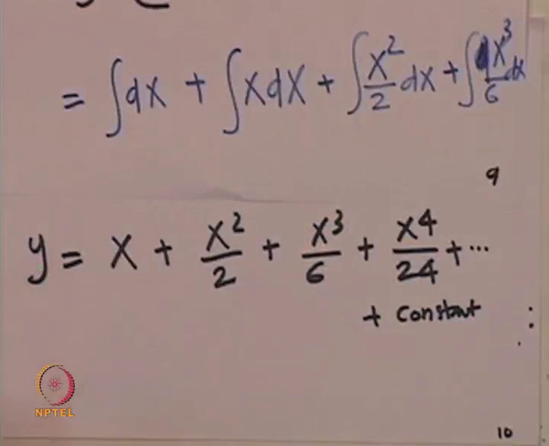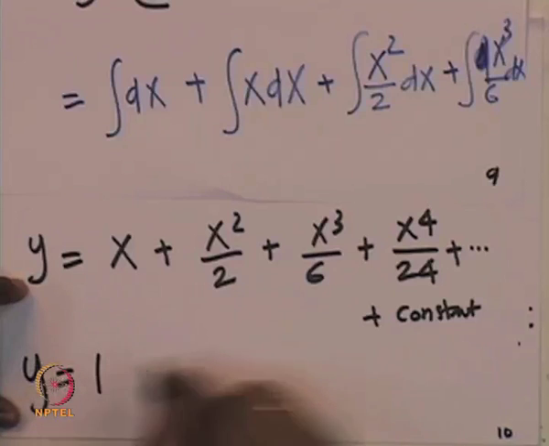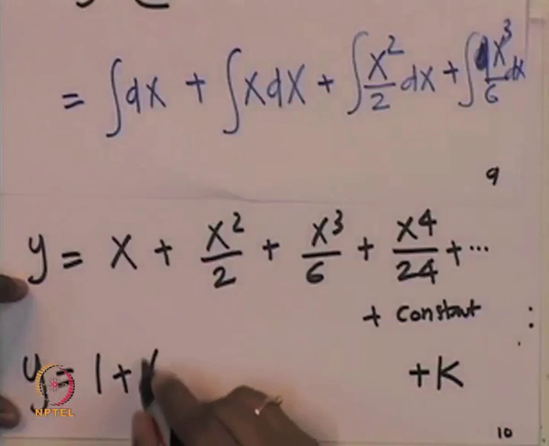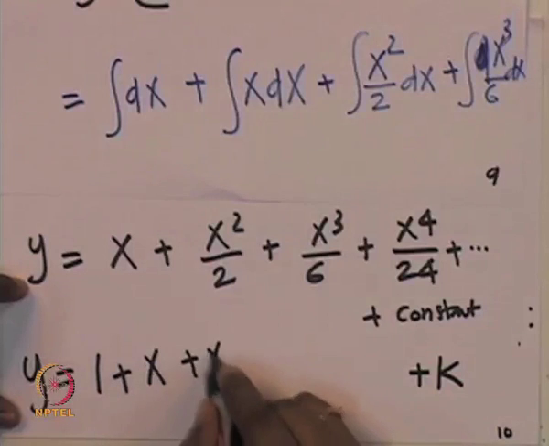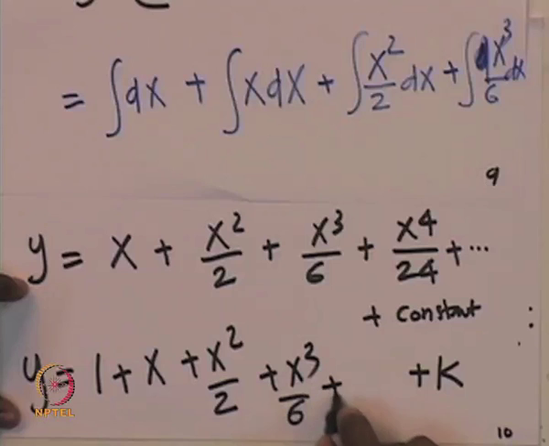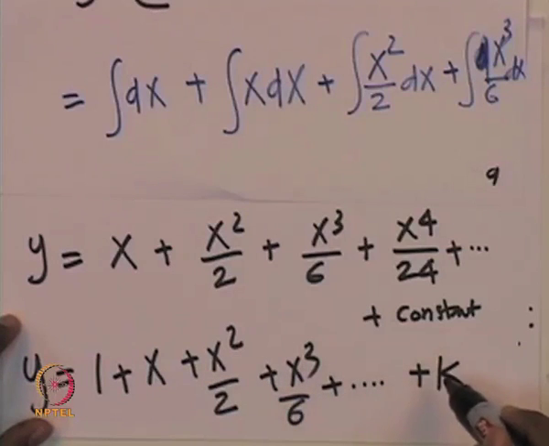So, let us rewrite this: y is equal to 1 plus constant k plus x, I rewrite, x square by 2, I rewrite, x cube by 6, plus dot dot dot, the many terms. So, 1 plus x square by 2 plus x cube by 6 plus dot dot dot plus a constant k.